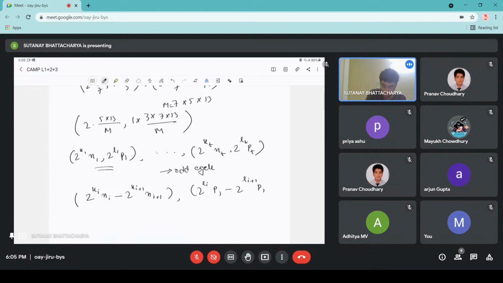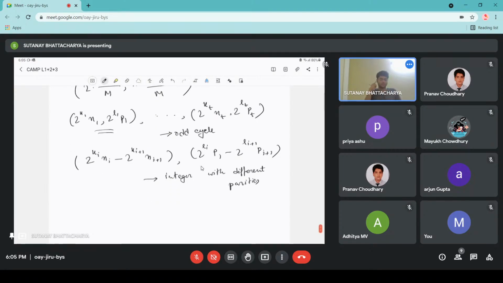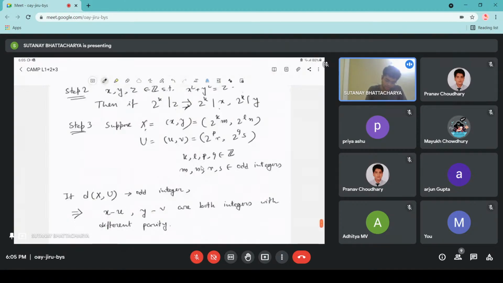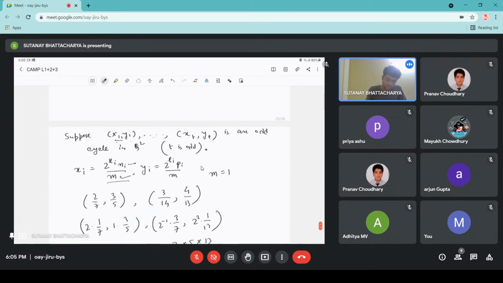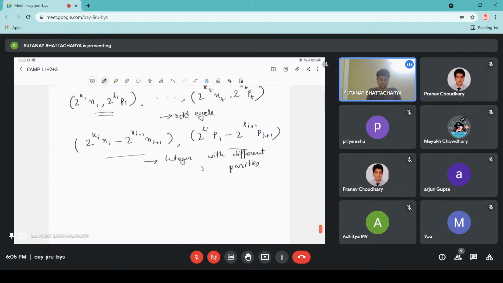These are integers with different parities. Yes, this is just the lemma that we stated before. X was this thing and u was this thing. So you plug these things in and you get that these integers are all of different parities.